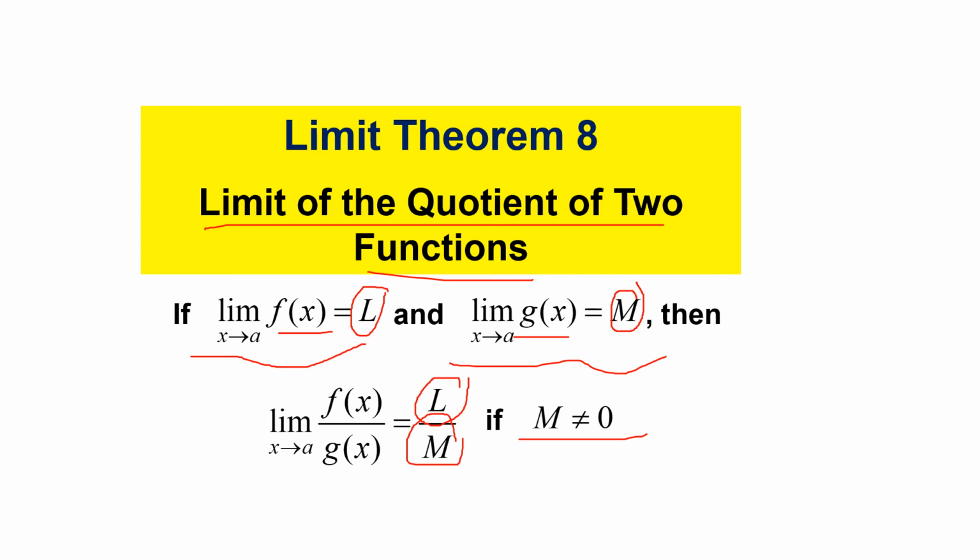We only deal with the limit of the quotient of two functions if we satisfy this condition, as long as M is not equal to 0. The resulting value of the limit of the function in the denominator should be more than 0 or less than 0 but not equal to 0, because any number divided by 0 will provide you an undefined.